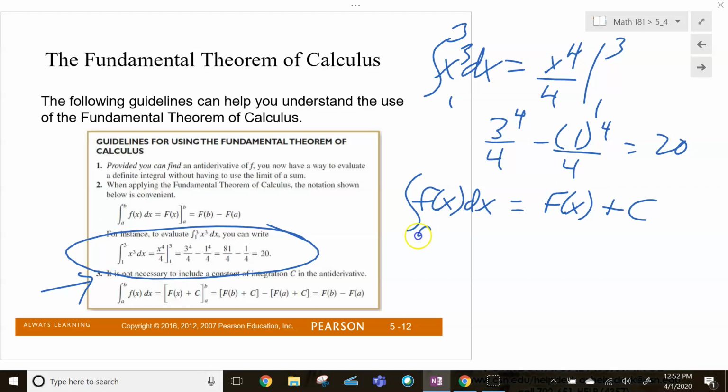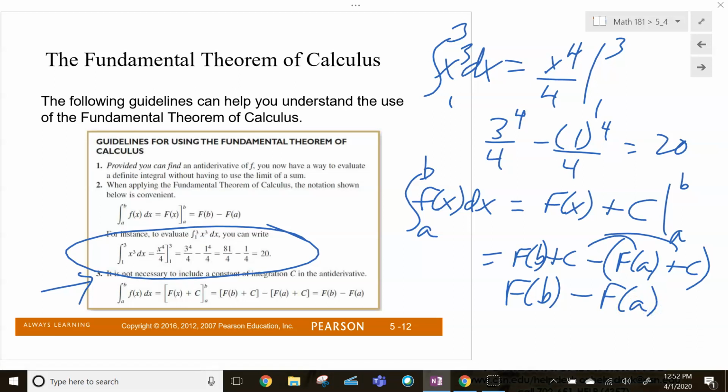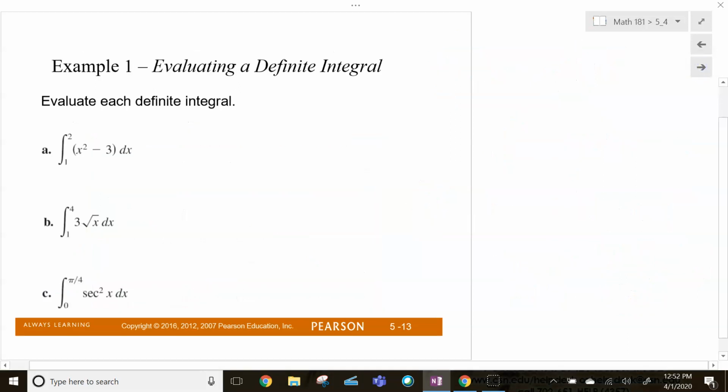Now you don't have to do that for a definite integral, because if you plug that in, you've got F of b plus c minus, and then you plug in the a, F of a plus c. And then when you distribute that, notice that your c's cancel. So again, with definite integrals, we don't need that plus c. With indefinite integrals, obviously, we need the plus c.